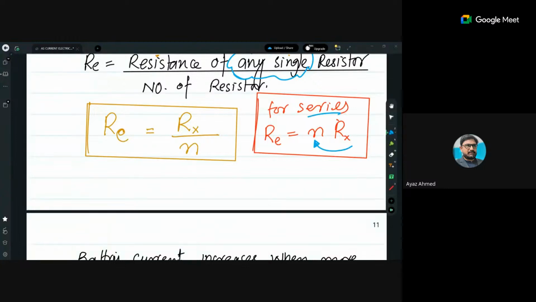For example, four resistors of 100 ohm each in series have a total resistance of 400 ohm. But if four resistors of 100 ohm each are in parallel, it would be 100 divided by 4, which gives you 25 ohm.